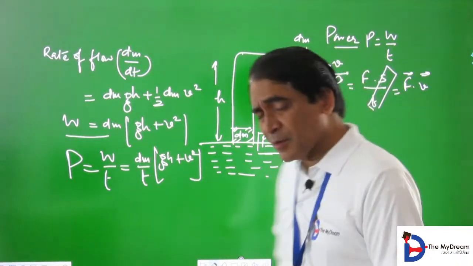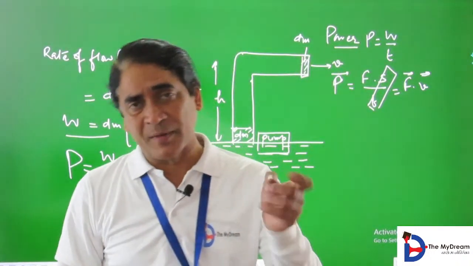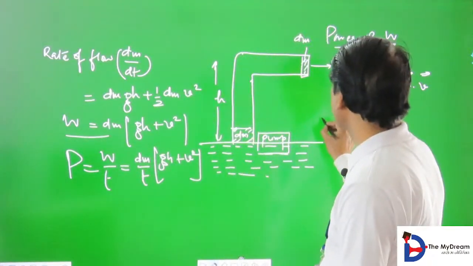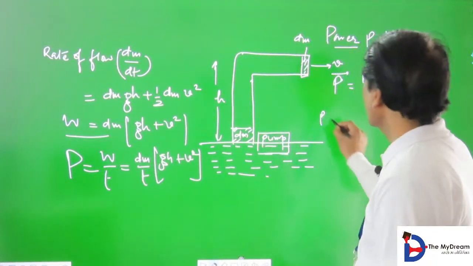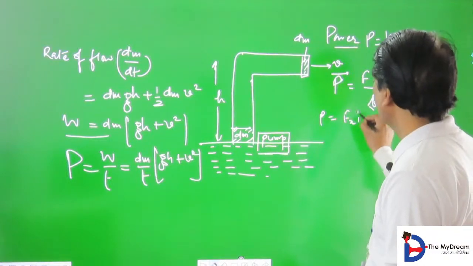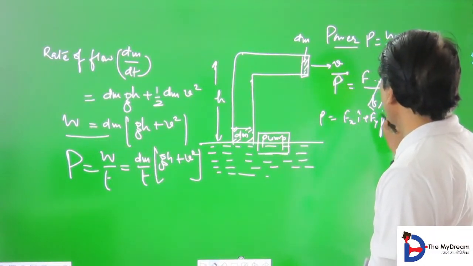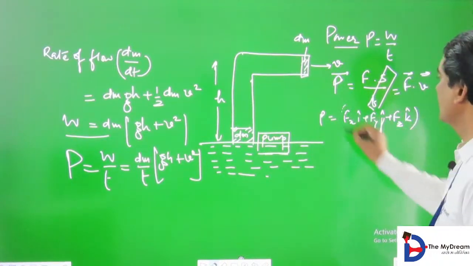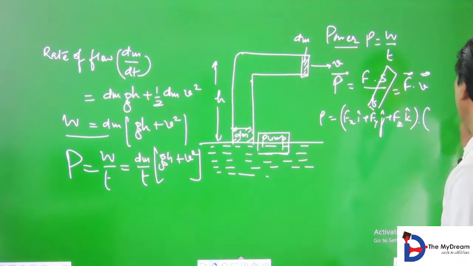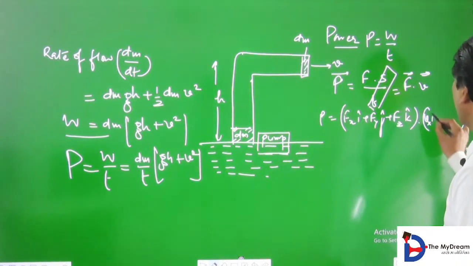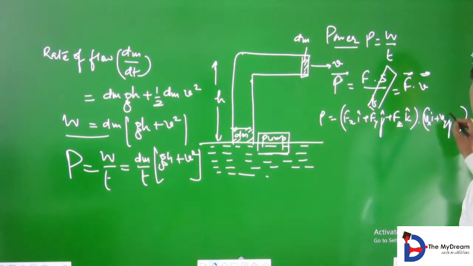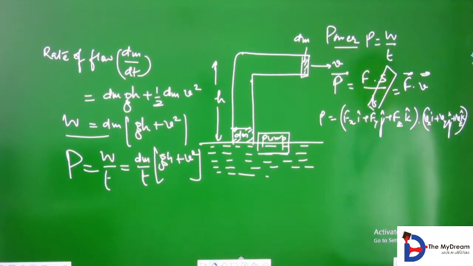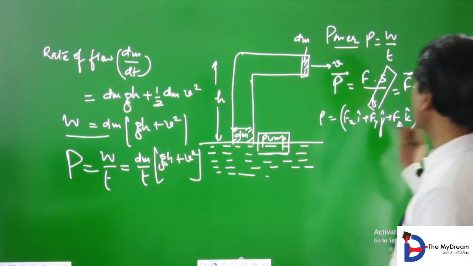If the magnitude of the force and the magnitude of the velocity vary, then it can be written down as Fx i, Fy j, Fz k and Vx i, Vy j, Vz k.